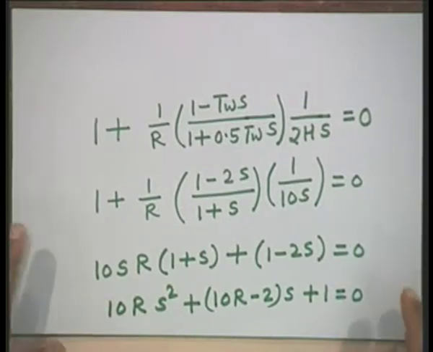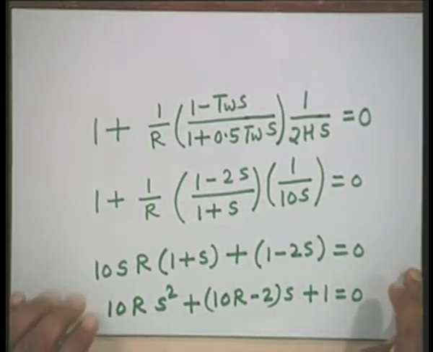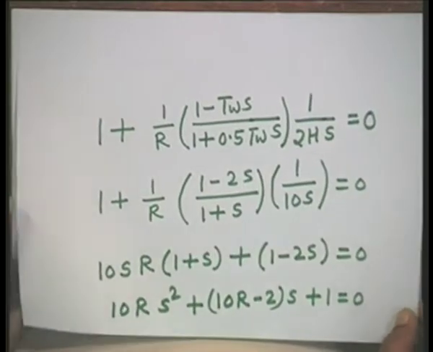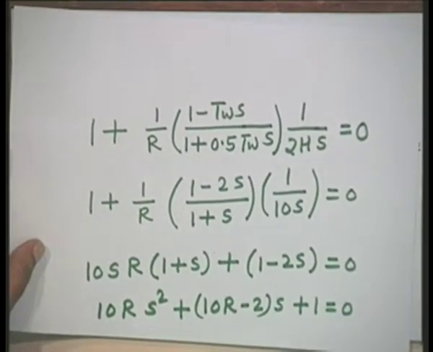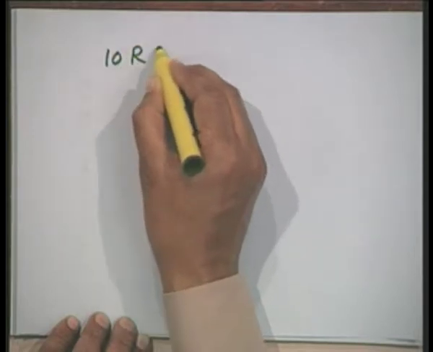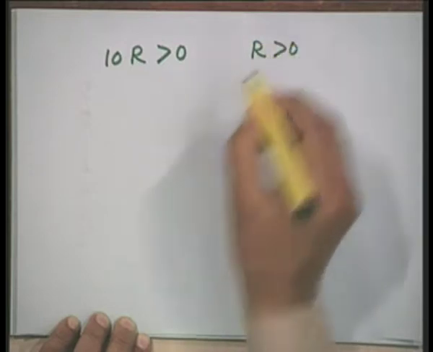Therefore, this is a second order characteristic equation, and for its roots to lie in the left half of the S plane, our requirement is that these coefficients should be positive. One requirement is that 10 R should be greater than 0, or R should be greater than 0.